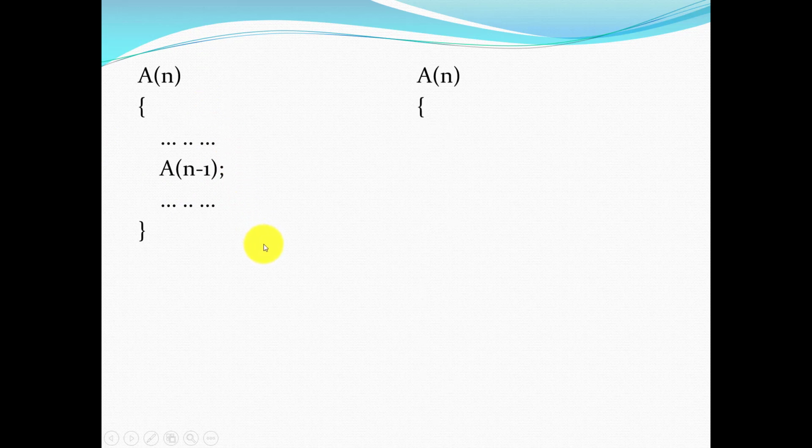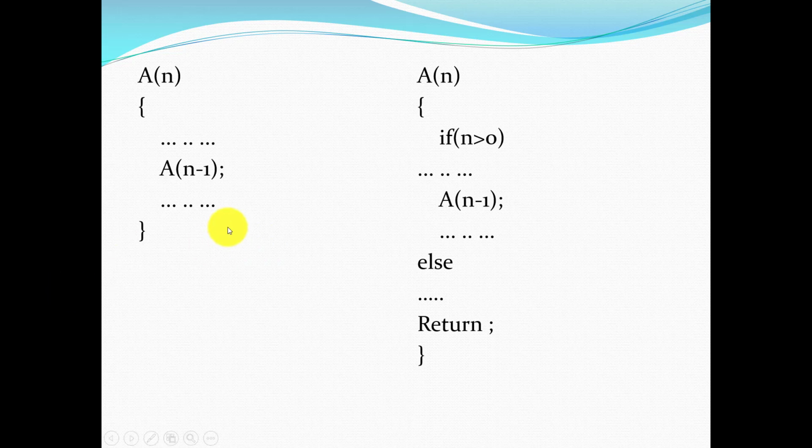But we must take care of the if condition. If we are not giving any condition, the function may go into an infinite loop. So whenever we write a program, we have to provide the condition, that is if and else. If the if part is true, it executes, that is, it calls the same function again, otherwise the else part returns or stops the recursion.